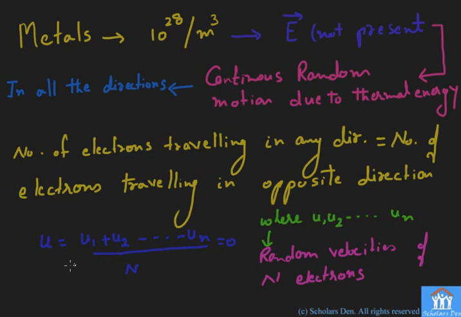Clear? So at room temperature, the average thermal velocity is 0. So u average is equal to 0. What is the condition? At room temperature.